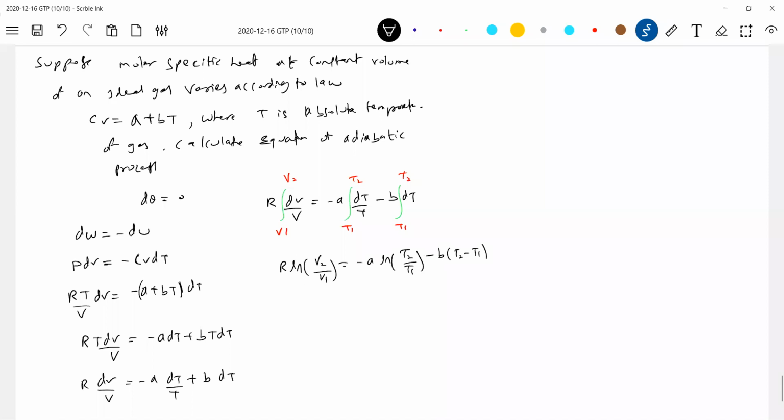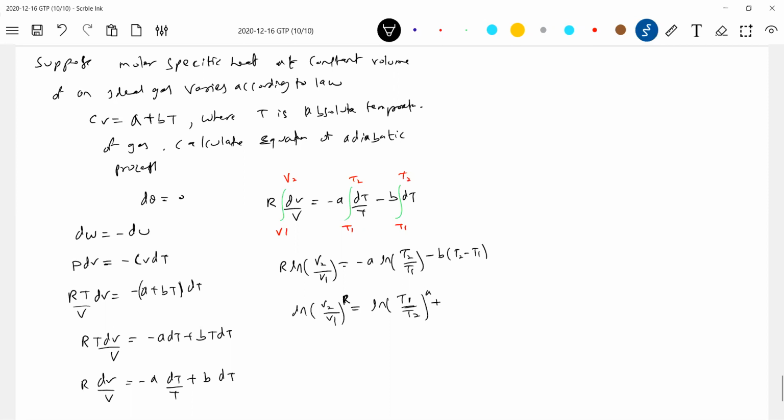Let me simplify this. So this will become log of V2 by V1 to the power of R, and this will be log of T1 by T2 to the power of A, with the negative sign adjusted there.